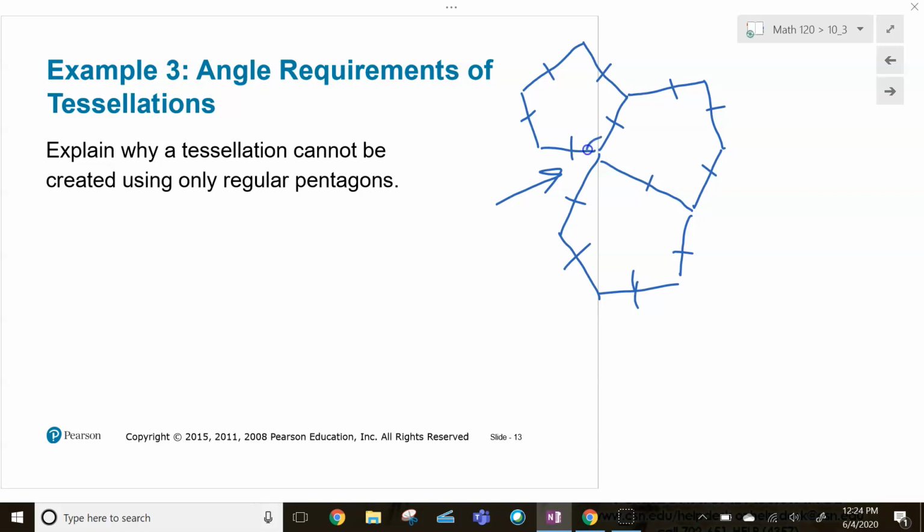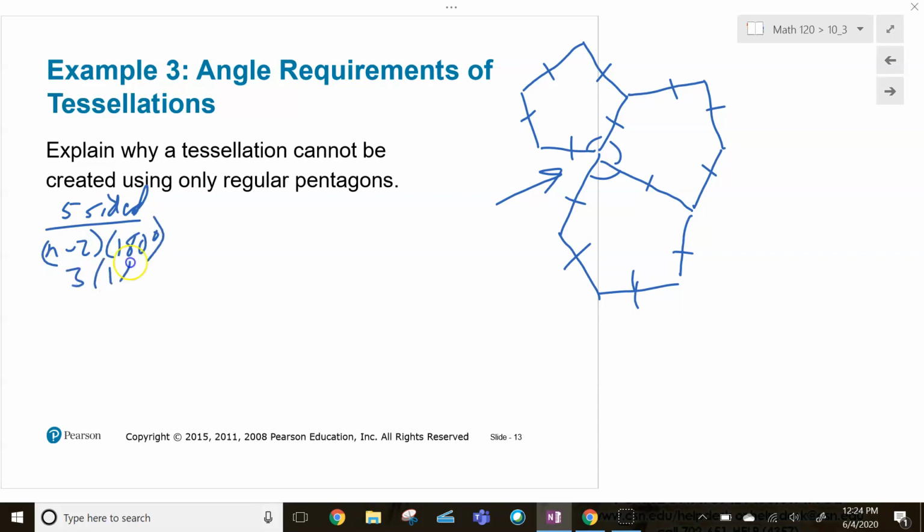What would these angles be right here? Each of these angles, if I had a regular, nicely drawn pentagon. Well, I know for a five-sided pentagon, the sum of the angles would be n minus 2 times 180 degrees.